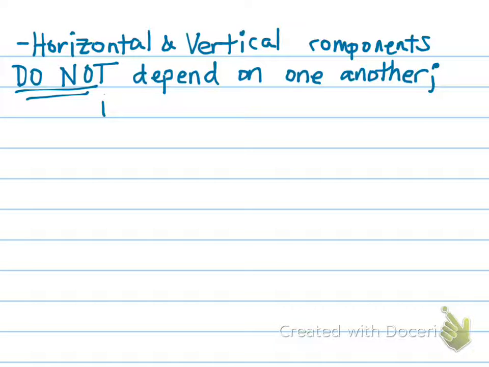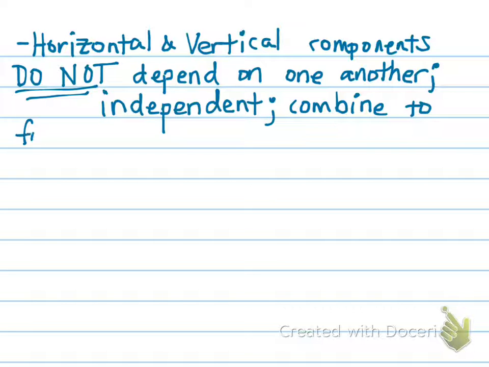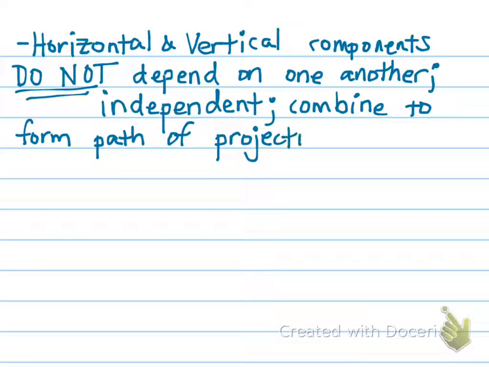Another way to say this is that they are independent. The horizontal and vertical components of velocity are independent. Together, they combine to form the path of a projectile. But because we're trying to make physics easier, it's easier for us to study one component at a time to figure out what our projectile is doing.